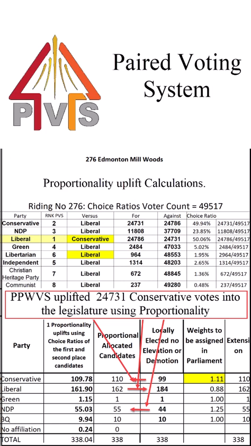PPWVS indicated no adjustments in RNK weight. The NDP had more support from the electorate than the number of elected representatives would suggest. PPWVS uplifted their RNK weight from 44 to 55. After PPWVS has completed its adjustments to RNK weights, these revised weights are used by PVS.